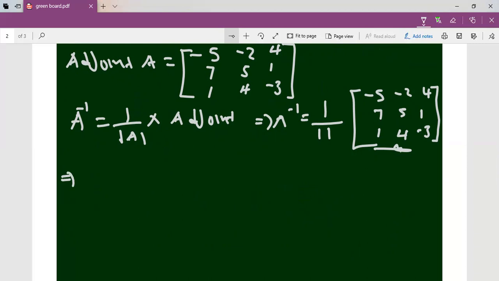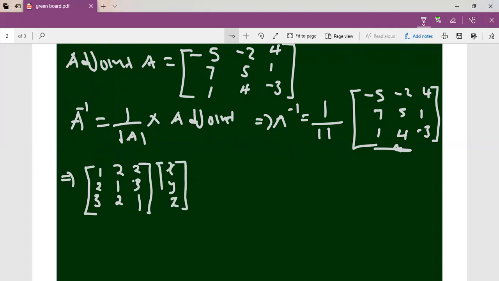We had 1, 2, 3, 2, 1, 2, 2, 3, 1. Then we had X, Y, and Z. This was equal to 3, -1, and 7.